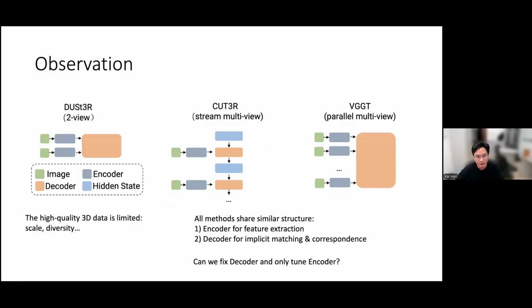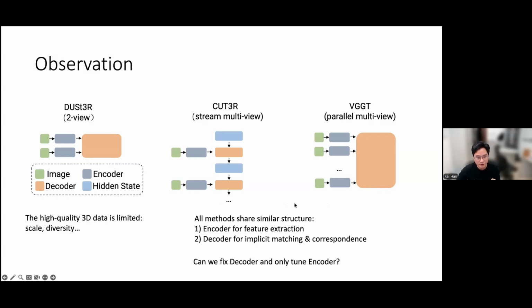After observing and analyzing all these different models, we found there are some key architecture designs in these models. Firstly, we have the encoder, which takes the image as input, and we get the image embedding. And then we also have the decoder. Of course, different models have different designs. For example, DUSt3R has two encoders and one decoder, and CUT3R might have a different design. But essentially, they all have the encoder and decoder design.